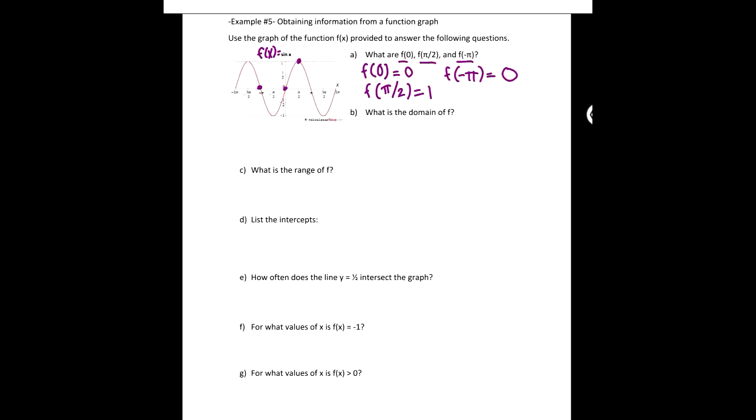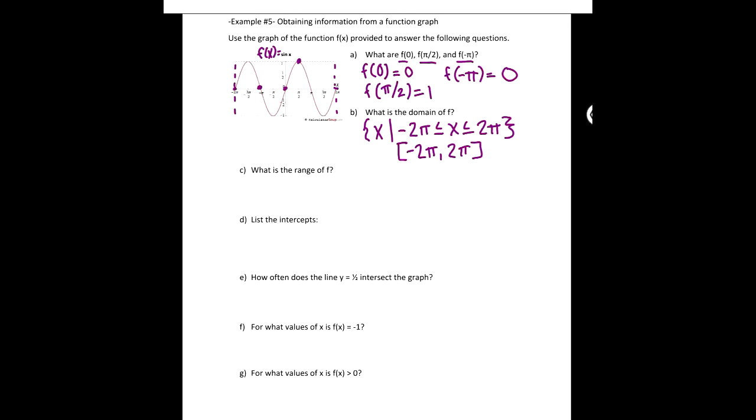What's the domain of f? Well, I don't have arrows, so it looks like I'm stopping right here and right here, which means my domain, my x's, are only going from negative 2 pi to 2 pi. You can write that in set notation as x such that x is between negative 2 pi and 2 pi, or in interval notation, negative 2 pi to 2 pi with the endpoints included, so they're in brackets.